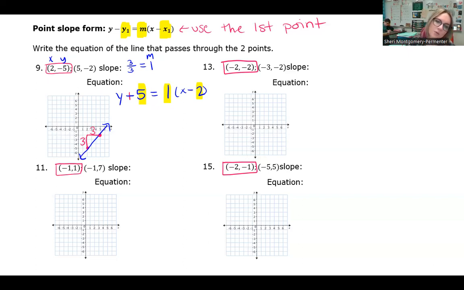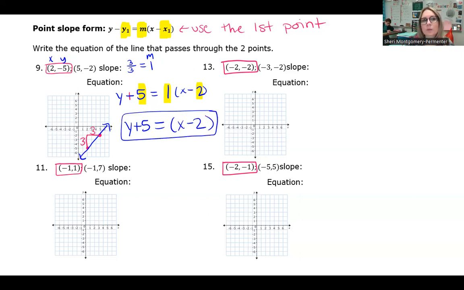When you write this, you don't have to write the 1 in front of the parentheses. So if this is a multiple choice question, you might see it like this. Because that slope is a 1, but I don't care if you put the 1 there or not. It's okay if you do.